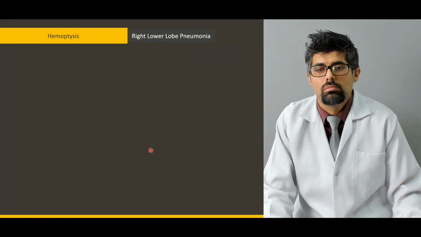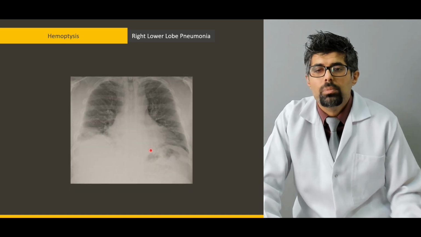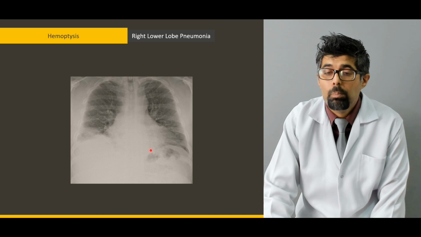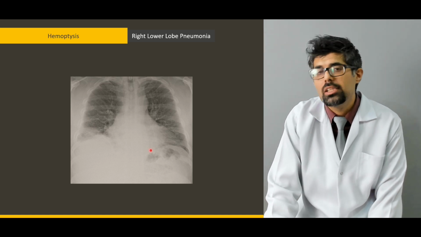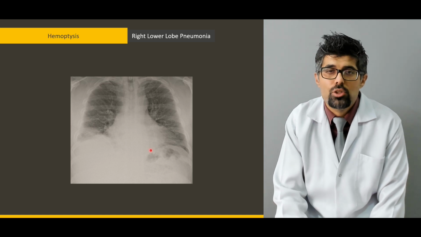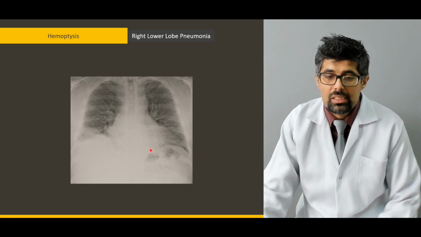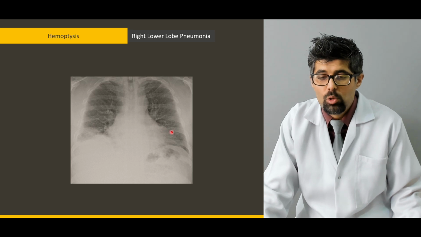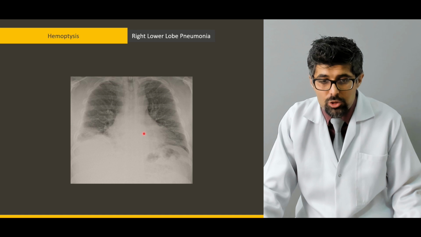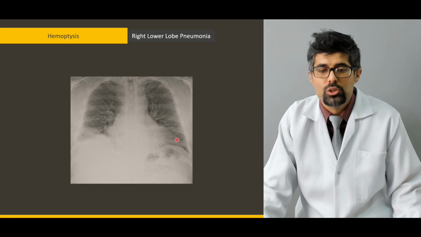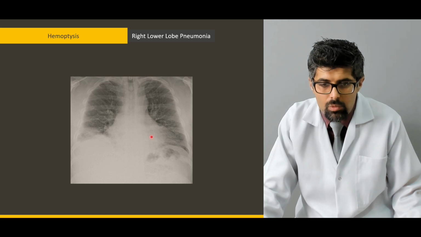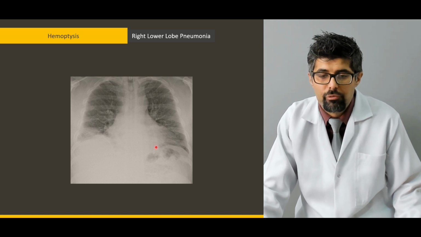Another cause of hemoptysis, like I said, is pneumonia. Now, bacterial pneumonia is a major cause. Previously, I've shown you the picture of viral pneumonia. This is the typical picture of a bacterial advanced pneumonia. The consolidation here is so large that it has covered the whole of the lower field.